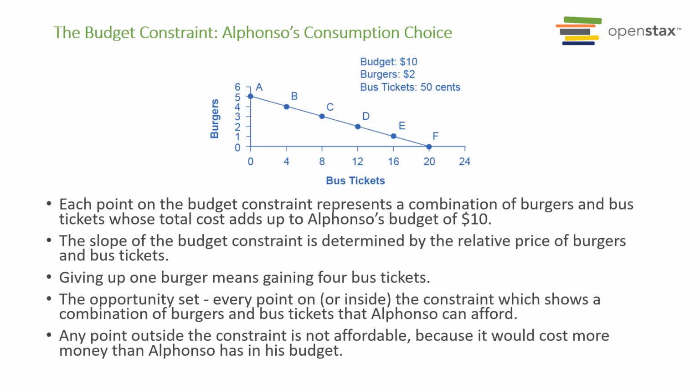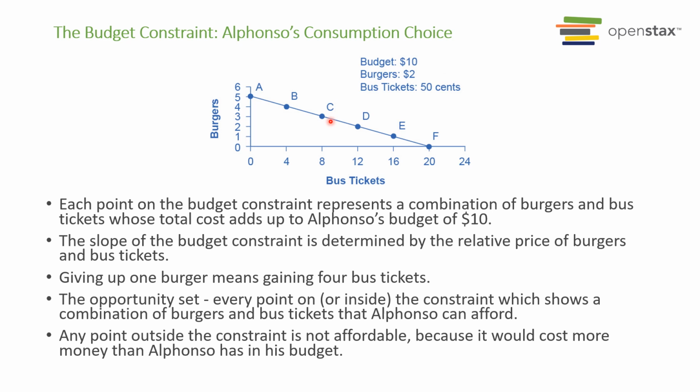So this is an example of a budget constraint. Imagine we have an individual consumer whose total income is $10. He has a choice between either burgers or bus tickets. For his $10, he can purchase a maximum of 5 burgers, that's 10 divided by 2, and a maximum of 20 bus tickets, that's 10 divided by 50 cents.